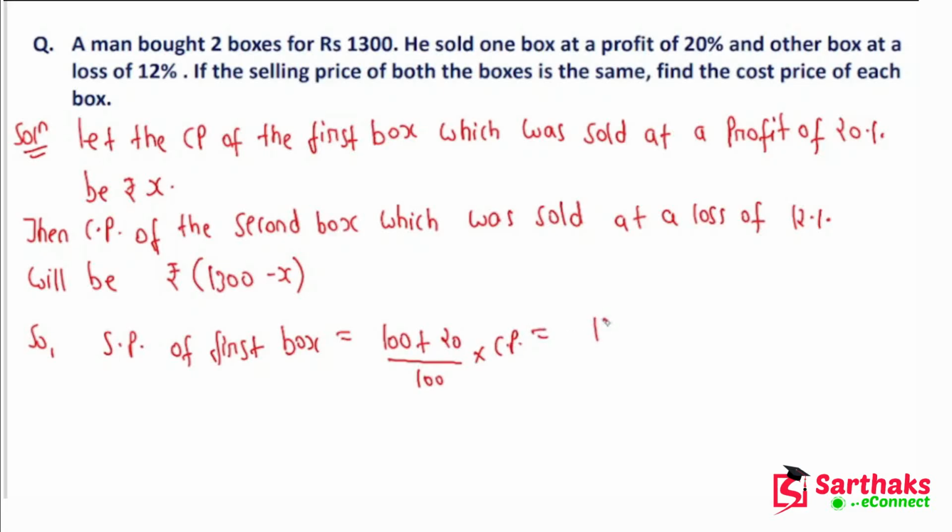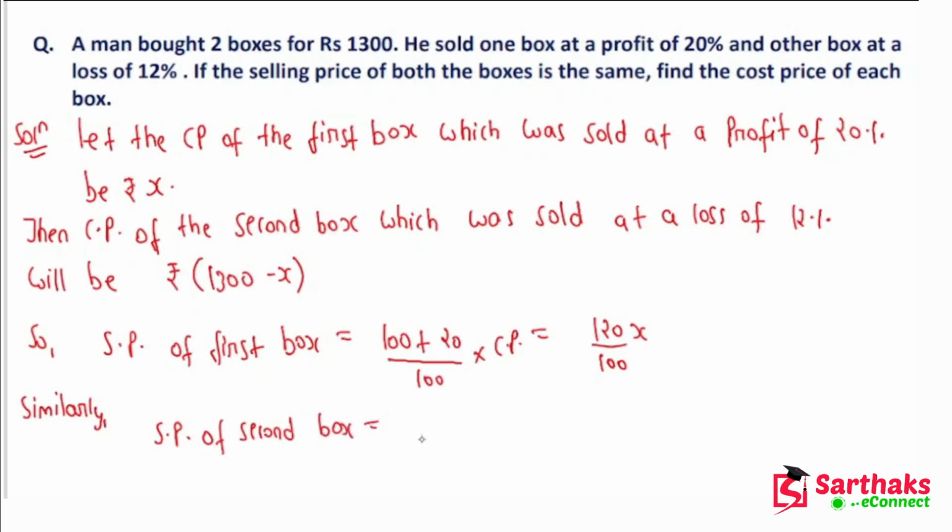For the first box, the profit was 20%, so that is why I have written 20 over here. So it would be 120 upon 100, and the cost price was just rupees x. So that was the selling price of the first box. Similarly, we can calculate the selling price of the second box.